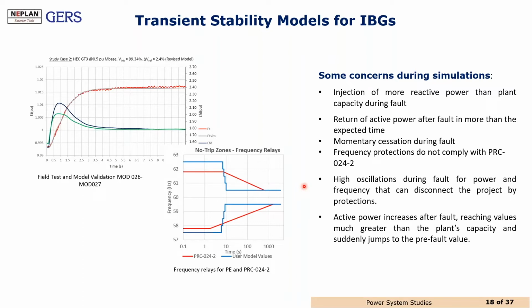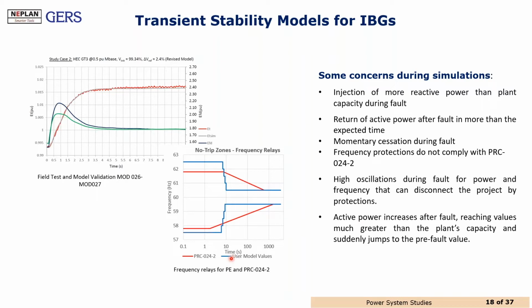We have here another concept: more active power during a specific fault, momentary cessation to the fault, specific protection, high oscillations. This is also one of the concerns that we can find during the simulation, and that is the active power increases after the fault.